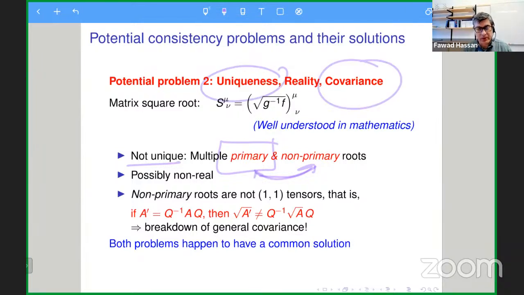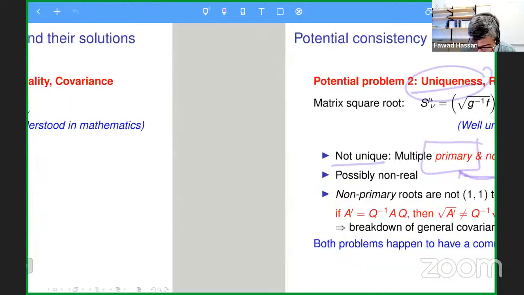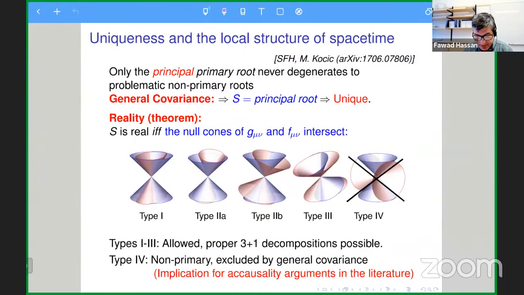So that fixes uniqueness and general covariance. Whenever you write the square root in the theory, you demand that you mean the principal square root. Once you fix that, you fix the uniqueness problem and the covariance problem. But reality may still be a problem. Now, your square root may be imaginary or real.